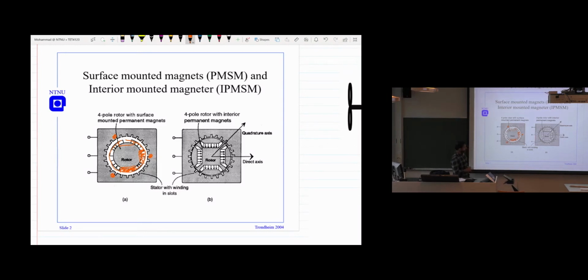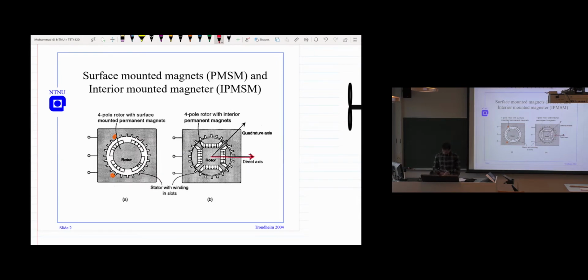So the big difference you see between the surface mounted and the interior mounted machine is the air gap. You have the symmetrical air gap here, but here you have a different air gap. Where we have the magnet flux, we usually call it the d-axis, or direct axis. So this is the direct axis here.